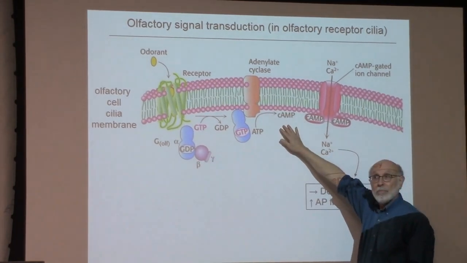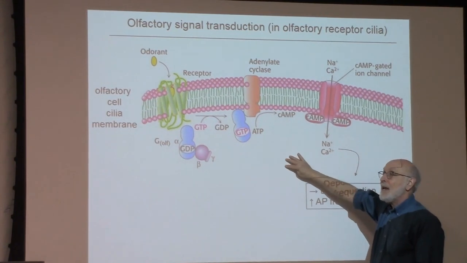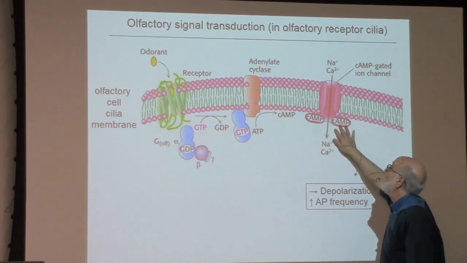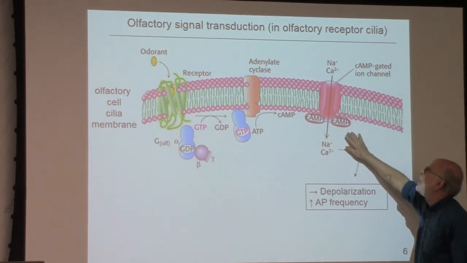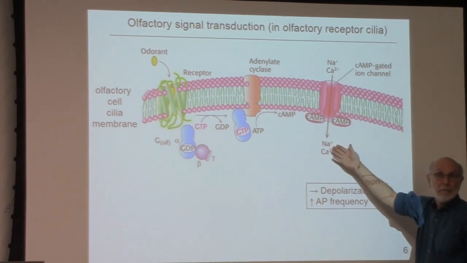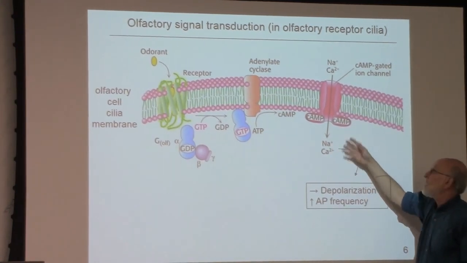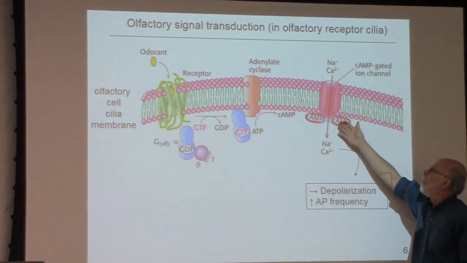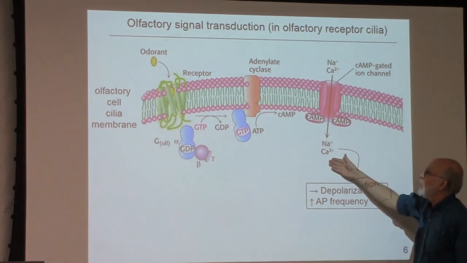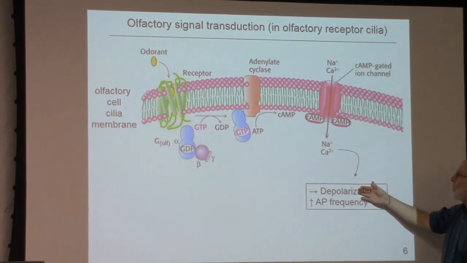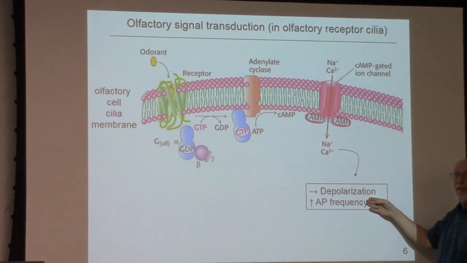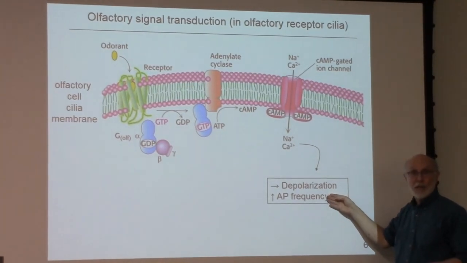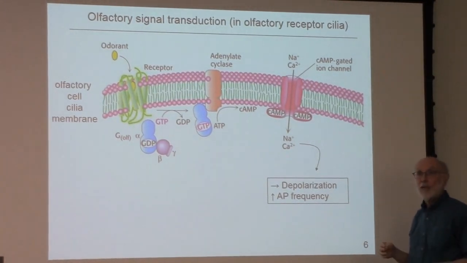Cyclic AMP. But we're not activating PKA here, which is the canonical thing that cyclic AMP activates. We're activating a cyclic AMP-gated cation channel. Olfactory neurons express this cyclic AMP-gated cation channel that other cells don't. So this story leads to sodium influx, depolarization. Remember, olfactory receptors are long receptor cells, so they have an axon that projects to the olfactory bulb.